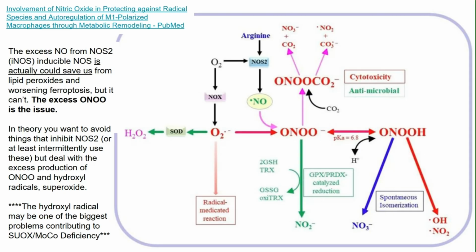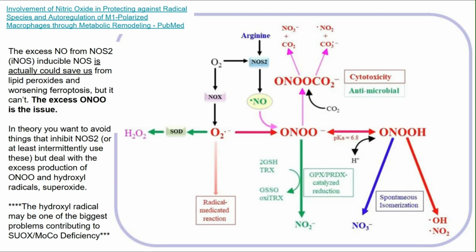And in theory, you would want to avoid things that inhibit nitric oxide or iNOS, based on this particular presentation, because they're saying that the nitric oxide being provided can stop the lipid peroxidation. So you need to deal with the excess production of the peroxynitrite and the hydroxyl radicals and the superoxide. Those are the things that need to be dealt with.